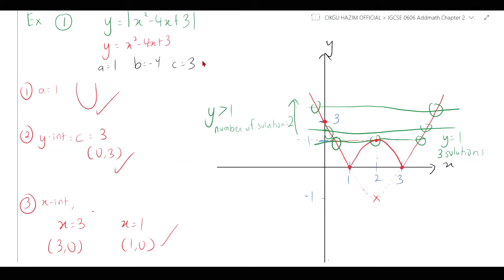And if y is less than 1 but more than 0, that is the region that must have 4 intersecting points: 1, 2, 3, 4. So between these there are 4 solutions. And if y is equal to 0, it goes back to 2 solutions, which is 2 intersecting points.